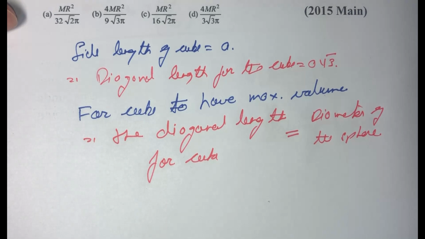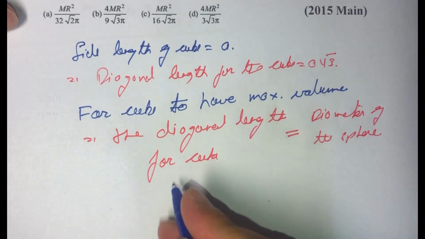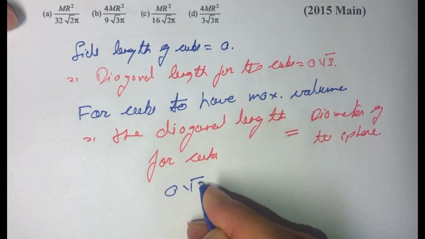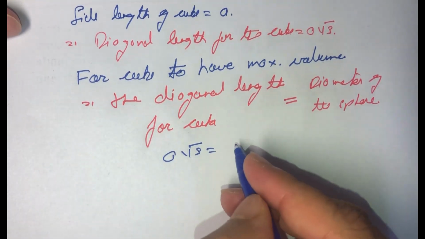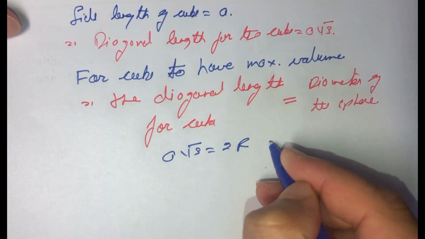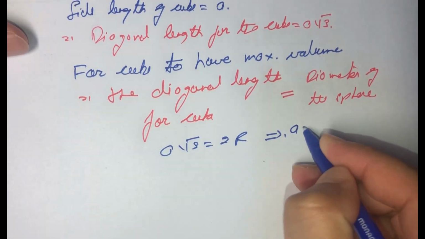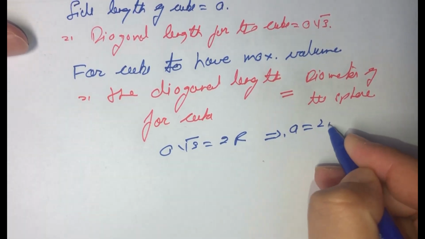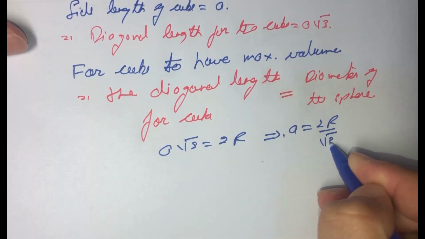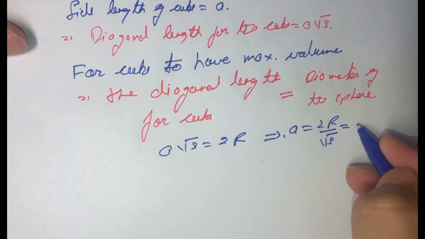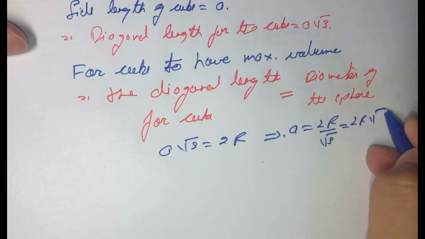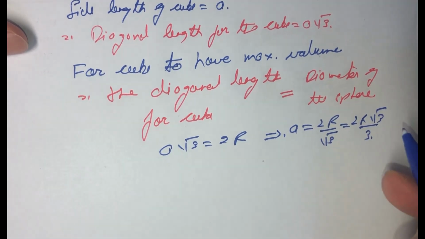Therefore, the diagonal length of a cube is a root 3 and the diameter will be equal to 2r. So from here we can say that a will be equal to 2r divided by root 3, or it can be written as 2r root 3 divided by 3.